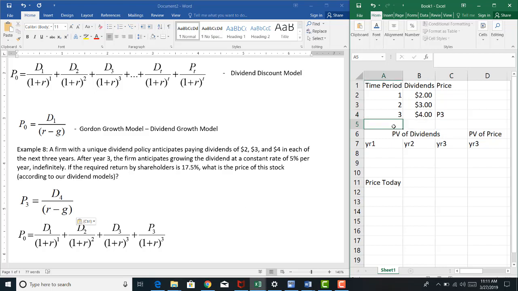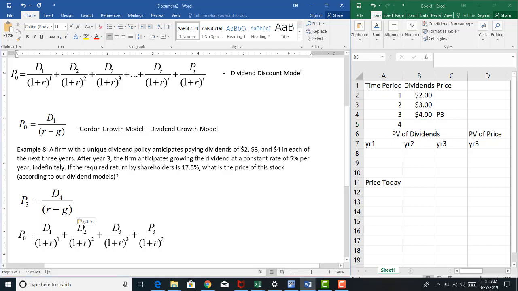Before I do that, let's figure out what the dividend is going to be in year 4. So given the information in the problem, it says after year 3, the firm anticipates growing the dividend at a constant rate of 5%. That is, the dividend in year 4 is going to be 5% higher than the dividend in year 3.